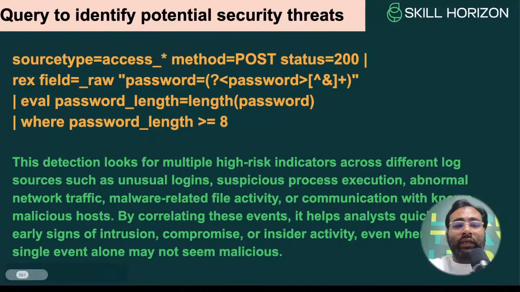By correlating these events, it helps the analyst quickly spot early intrusion, compromise, or insider activity, even when a single event alone may not seem malicious. So you can use that query to identify any potential security threats related to unusual logins, suspicious process executions, or abnormal network traffic.